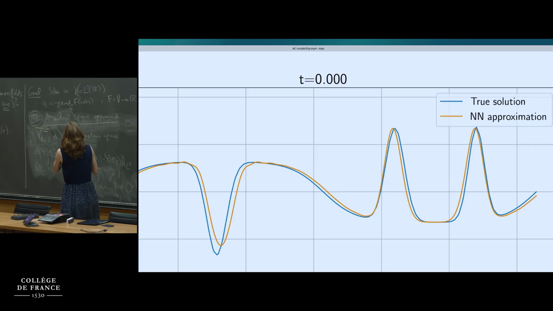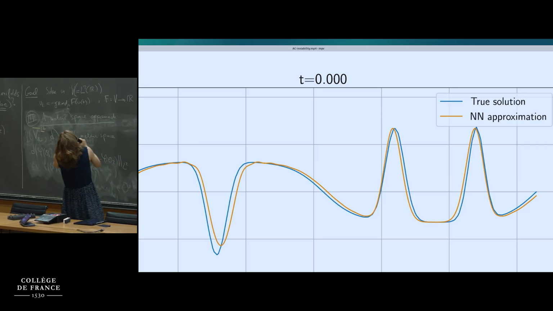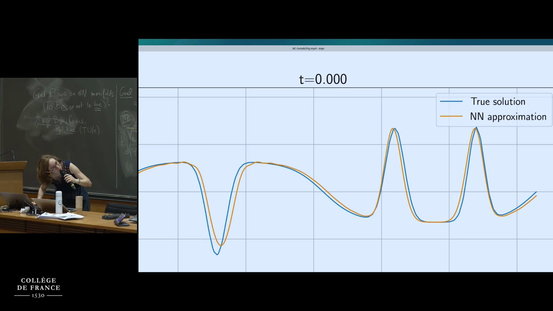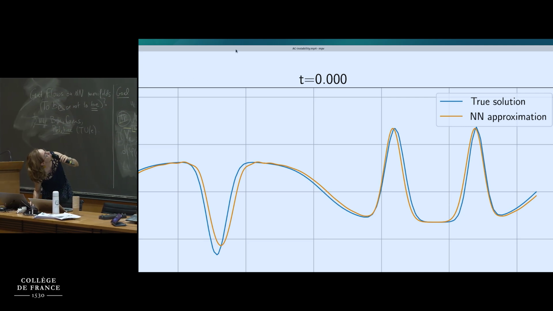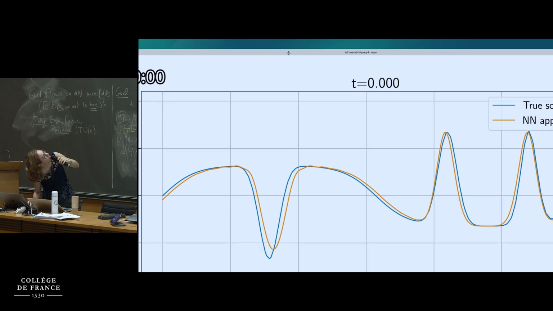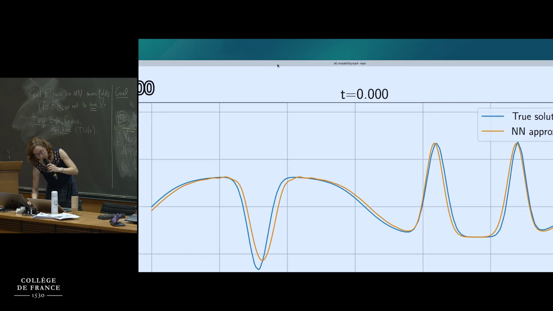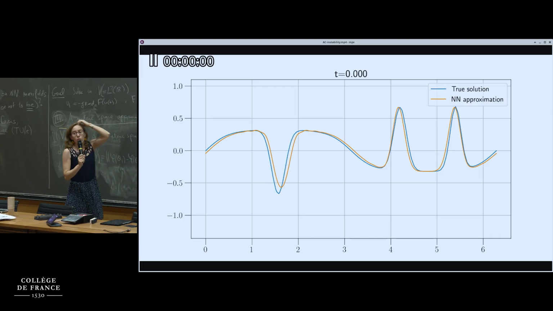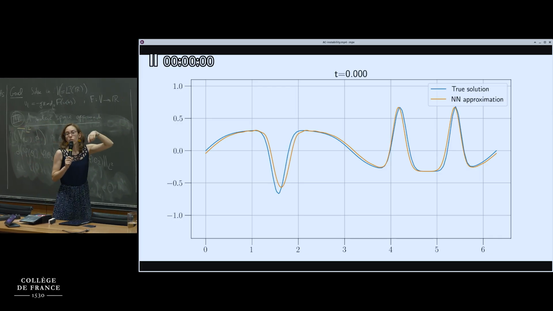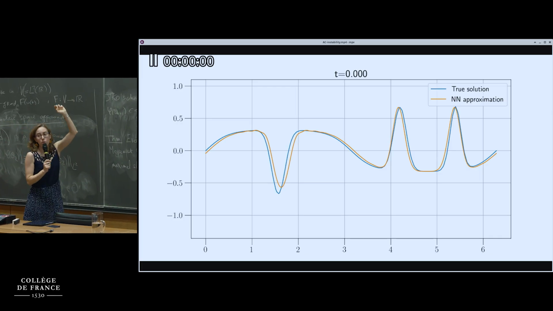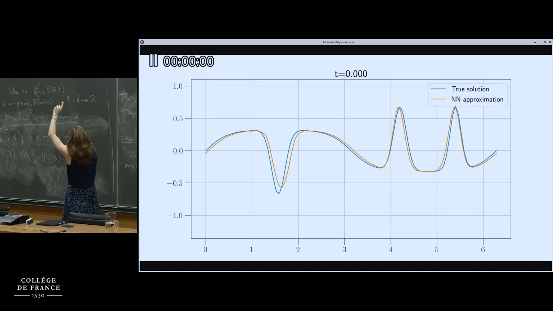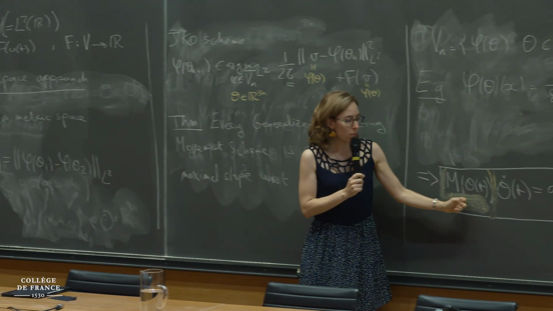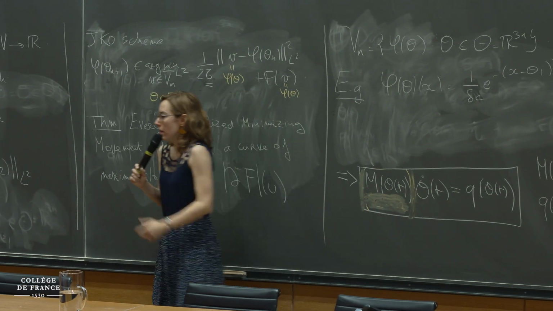What you're going to see is the true solution in blue, and the orange one is the one when we solve it with some regularization over here.